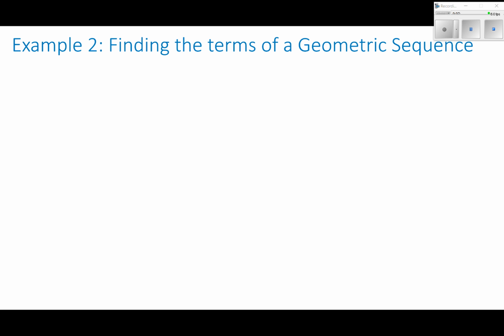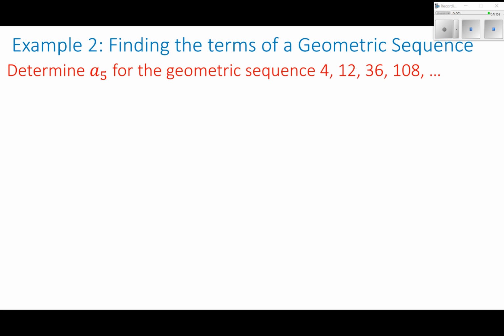Now we can also find specific terms of a geometric sequence. If I want to find the fifth term of the geometric sequence 4, 12, 36, 108, so I'm trying to find this next term, what is a sub 5? Well, I know in a geometric sequence, we multiply by the preceding term.